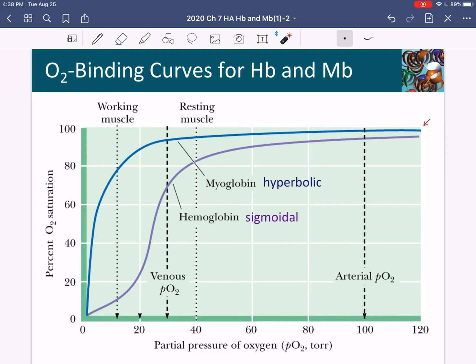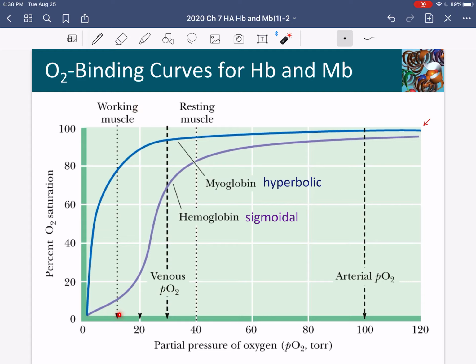And then as you go lower and lower in oxygen concentration, pay attention to the blue curve, it still stays saturated with oxygen. That is, all of the molecules in your muscles stay bound to oxygen until you start really working your muscle.